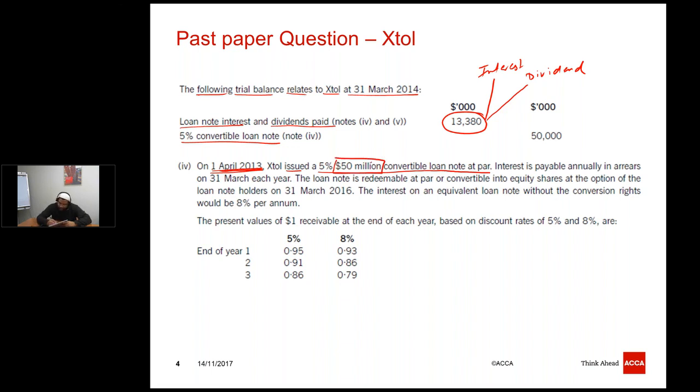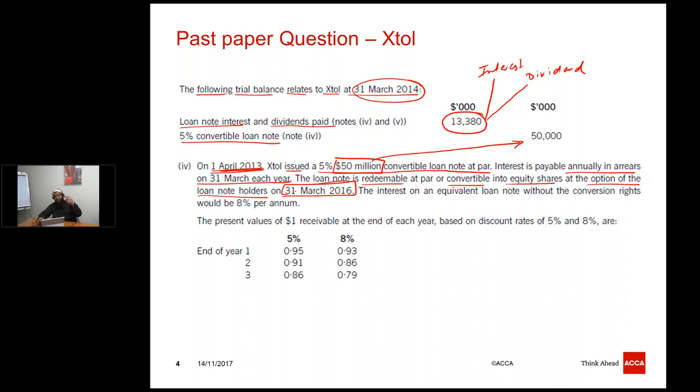Now the same 50 million can be seen in the trial balance. Interest is payable annually in arrears on 31st March each year, which is our year end as well. The loan note is redeemable at par or convertible into equity shares at the option of the loan note holders on 31st March 2016. So we have issued in 2013 and it will be redeemed in 16.